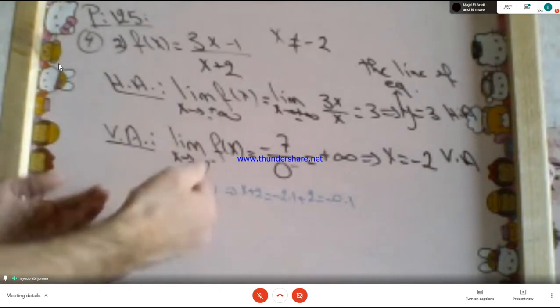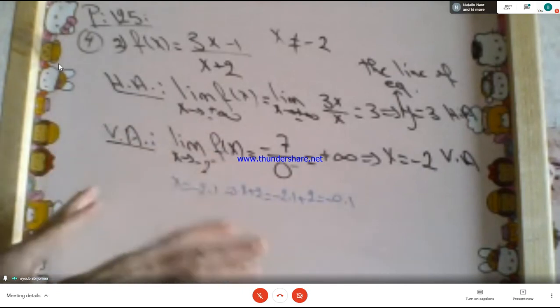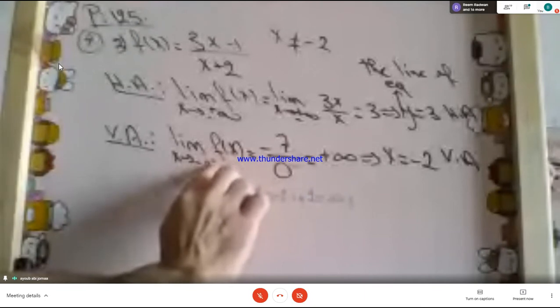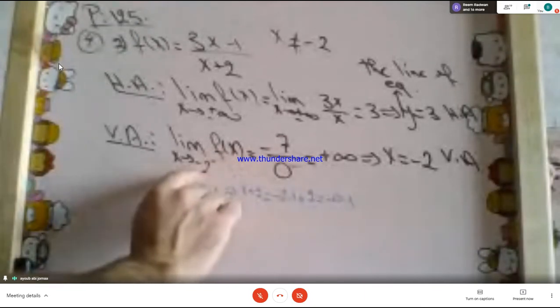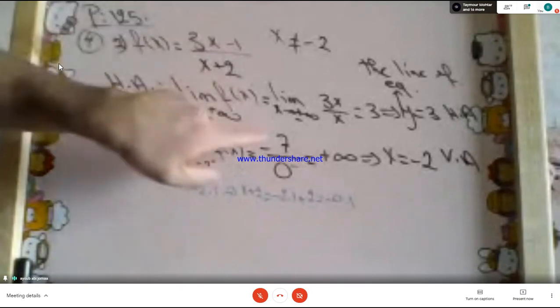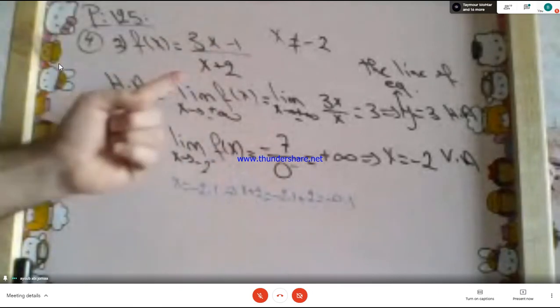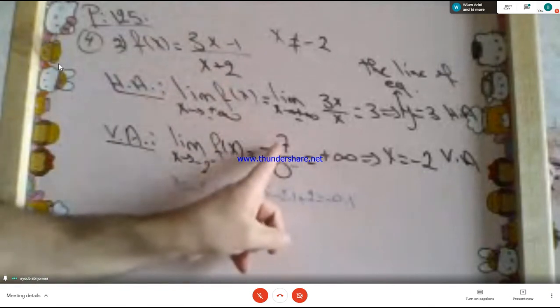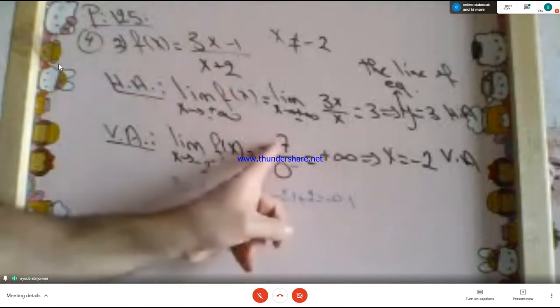When you replace x by negative 2, forget about the minus: 3 times negative 2, negative 6, minus 1, negative 7, over negative 2 plus 2, 0. Now 7 over 0 or negative 7 over 0, it's infinity.